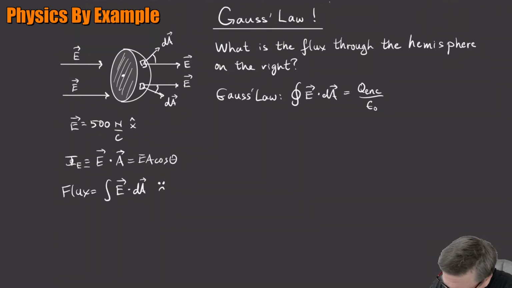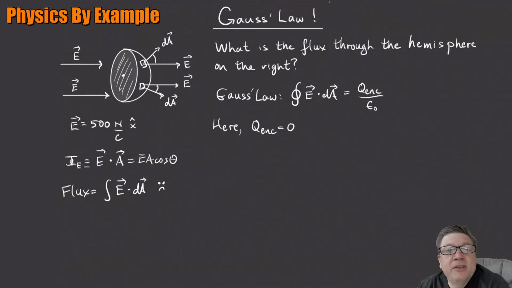So let's say here there is no charge enclosed, just an empty volume. That means the total amount of electric flux is going to be zero.